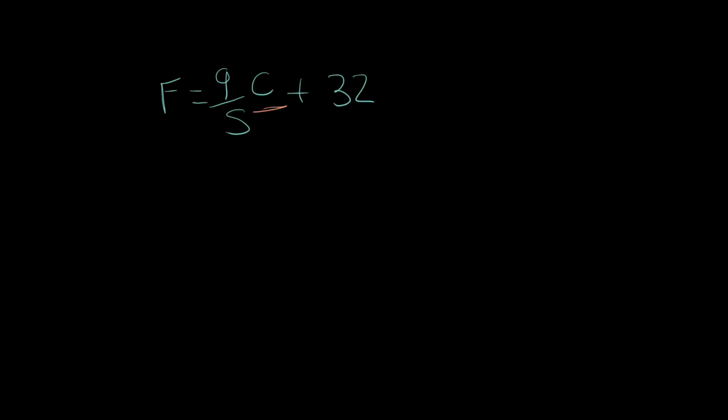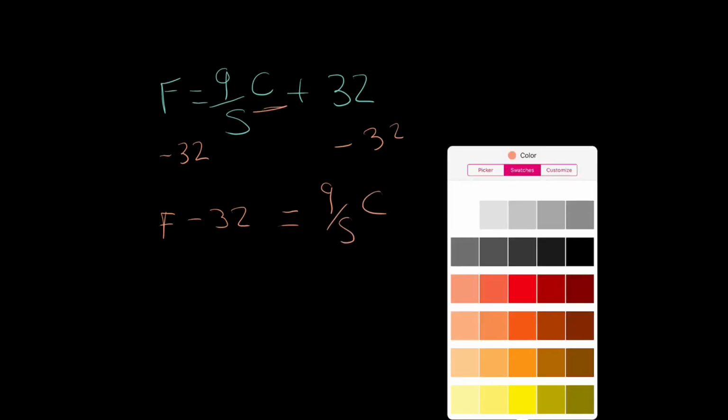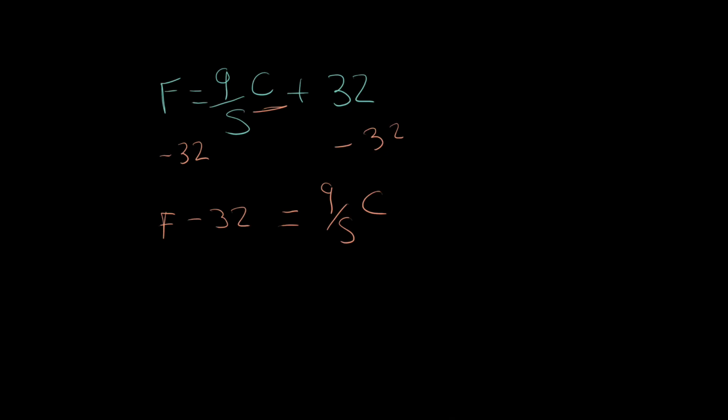We're going to rearrange it for C. If we take away 32 from both sides, then we'll have F minus 32 equals 9/5 C. Seems straightforward so far.